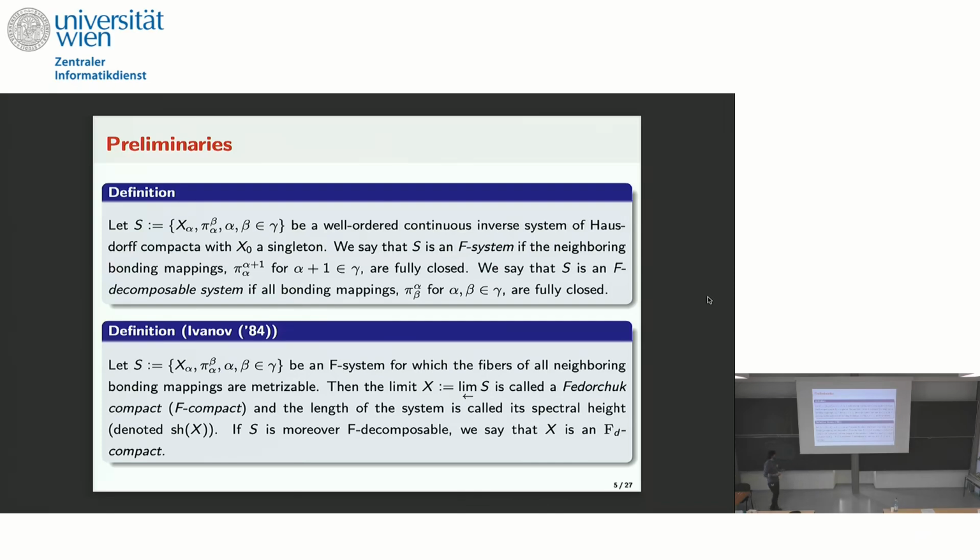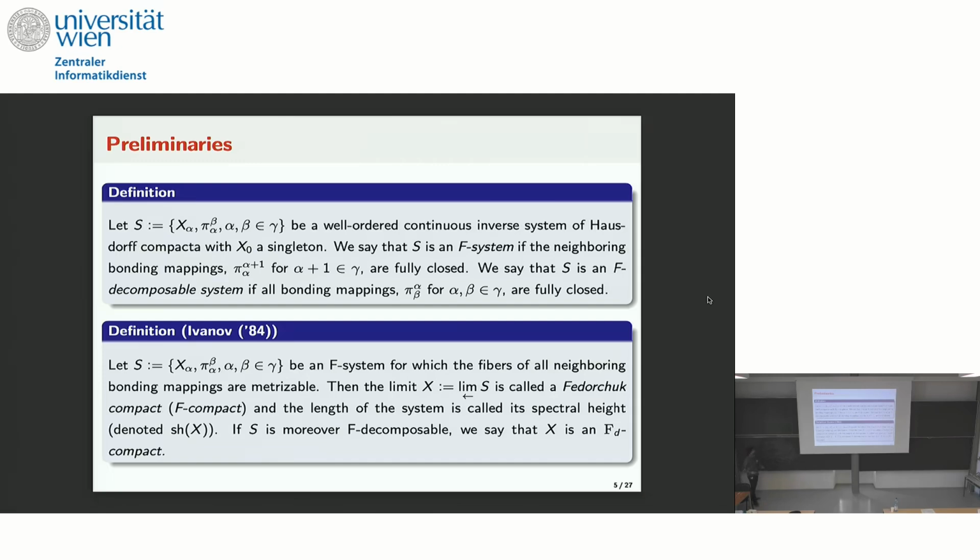Now, of course, if you say an F decomposable system, you start with a point, as it is written there. This is just a point. And you continue; of course, everything is the limit of an F decomposable system, because this mapping is always fully closed. This is trivial. So it is natural to impose some conditions on the fibers of the neighboring bonding mappings.